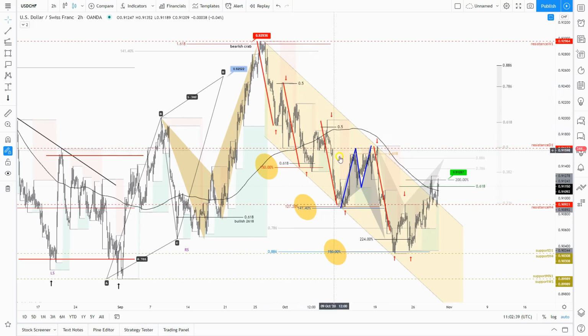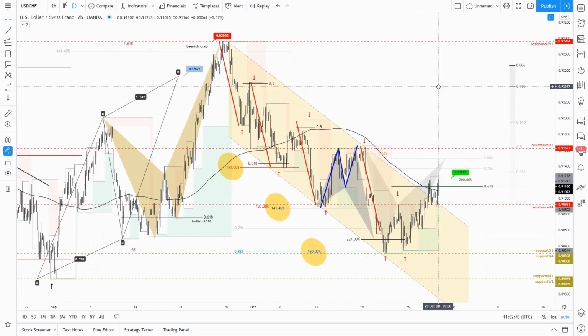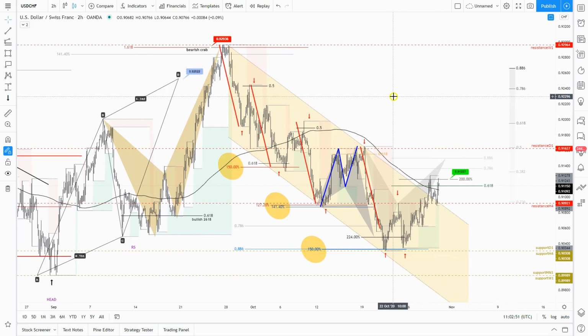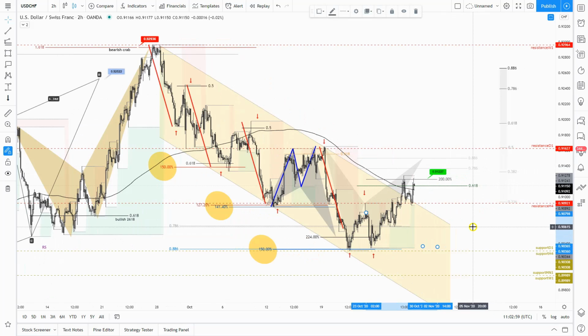That's not the case because, as we can see here, there's a huge sequence of events for the dollar versus the Swiss franc. That being said, we are now trading and facing again the 200% Fibonacci extension, which is the default target for that double bottom, that technical double bottom printer here.